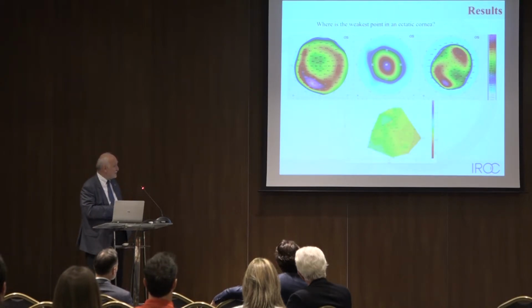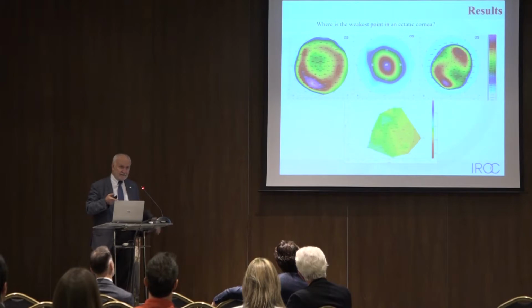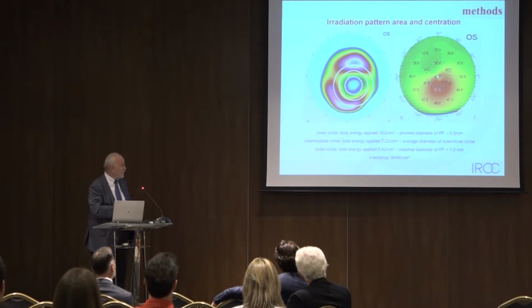Here it is: stiff cornea, very soft cornea, and it's very clear. It's not here, it's not there. The weakest point is over the posterior float. That's something we have to keep in mind. It's the posterior float that tells us where the cornea is weakest. And that's how we started.